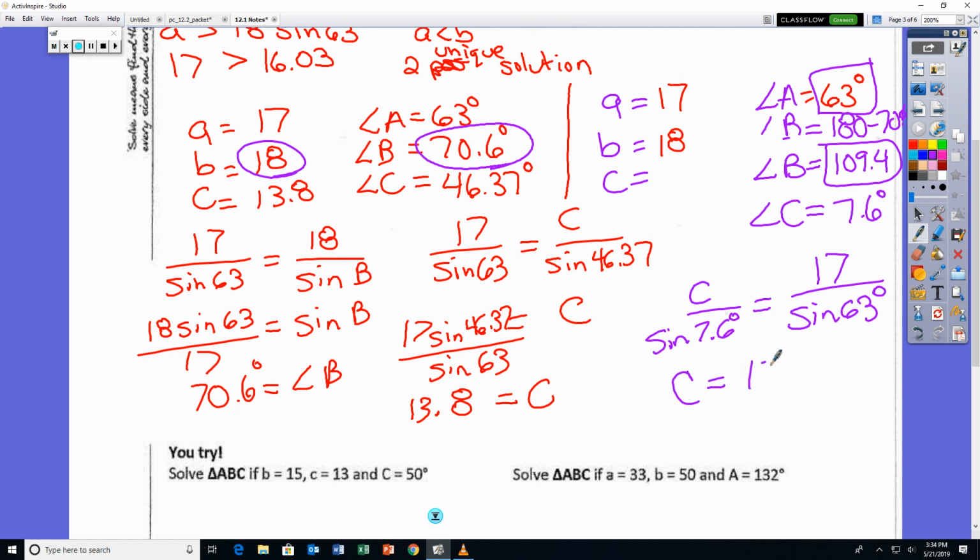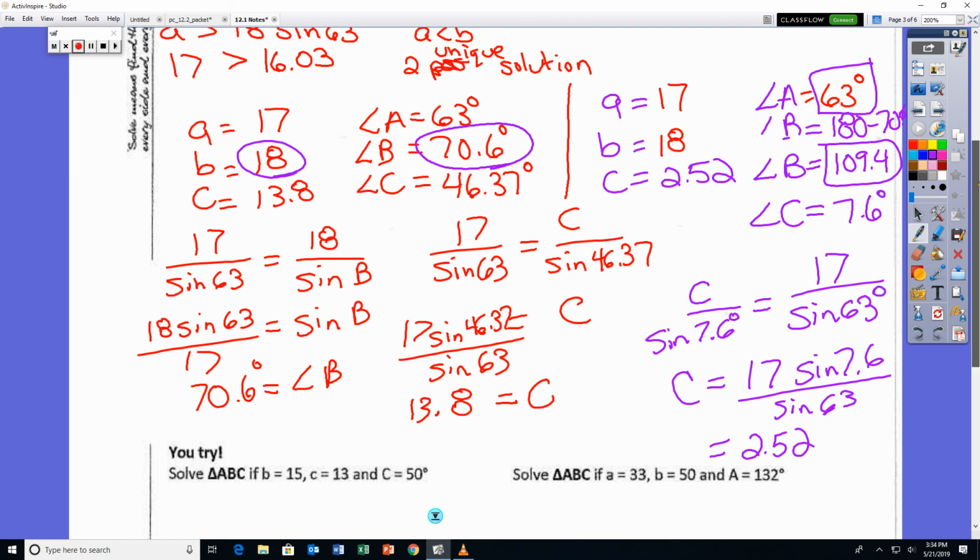So c is equal to 17 sine of 7.6 over sine of 63. When we type that all into our calculator, that'll come out to be 2.52. So 2.52 for our final set right there.